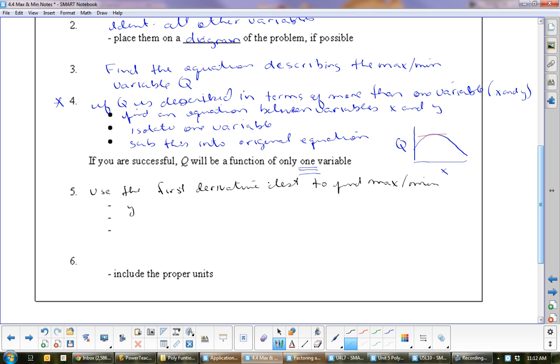You may have to use implicit differentiation.